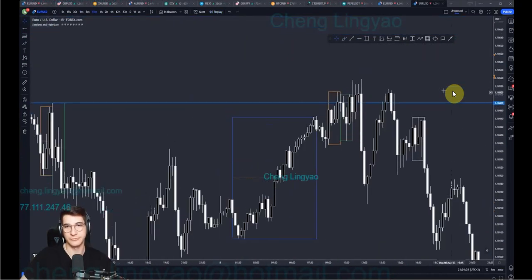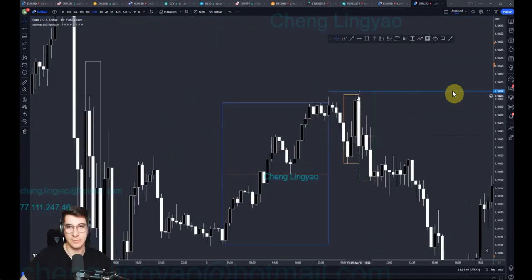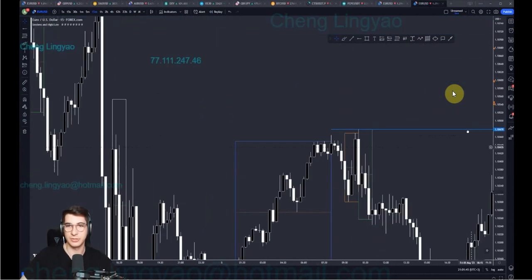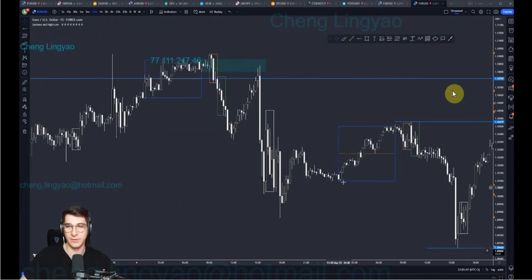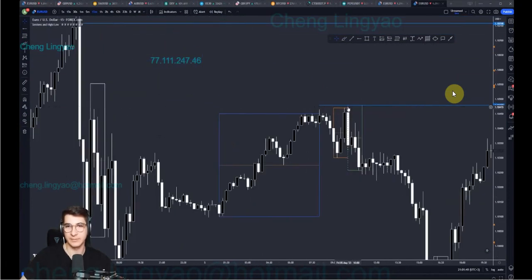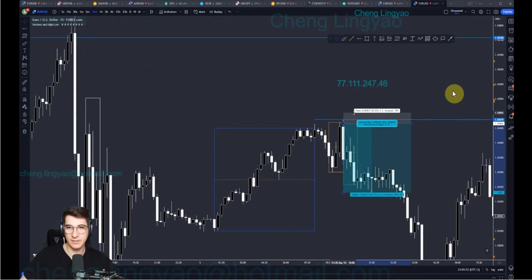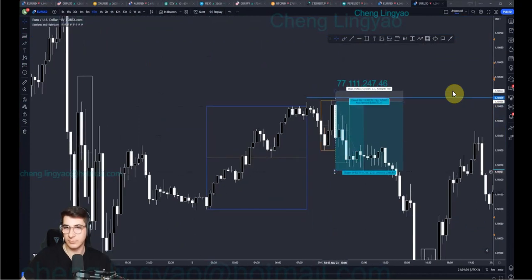So if I take a London trade from this point, because I took liquidity from the Frankfurt high and I had a bearish order flow, I entered the sell here, let's say, after we took out Frankfurt high. My target is going to be the next liquidity point, which in this case is Frankfurt low.